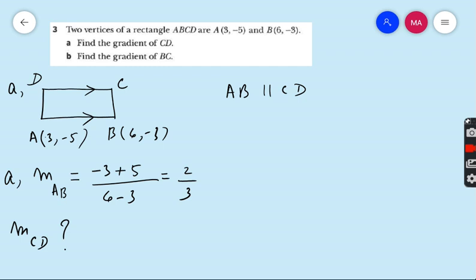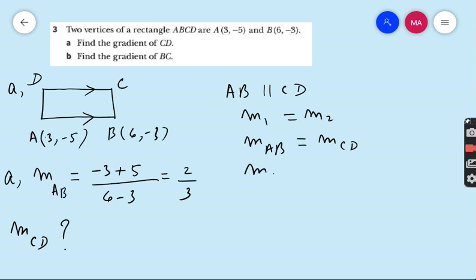So if two lines are parallel, their gradients are same or equal. So if the gradient of line AB and the gradient of line CD are the same, it means the lines are parallel, or you can say if the lines are parallel, then the gradients are equal.